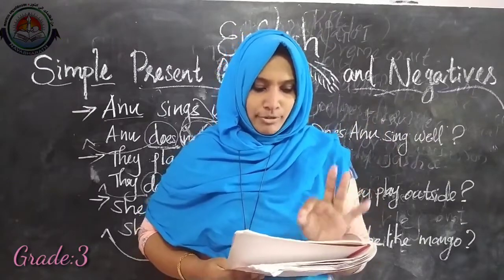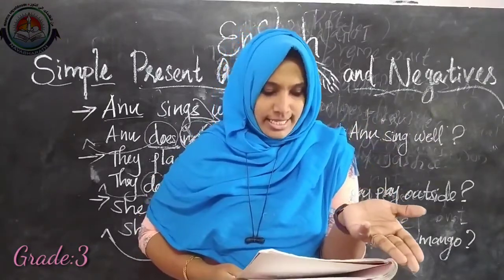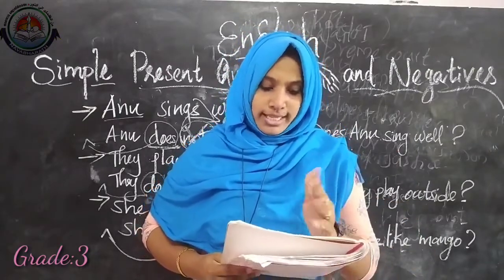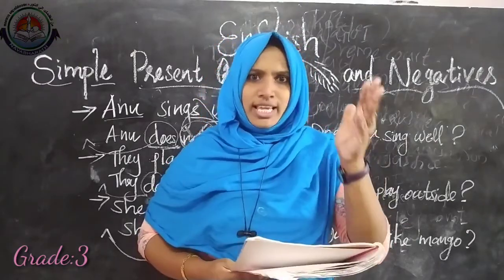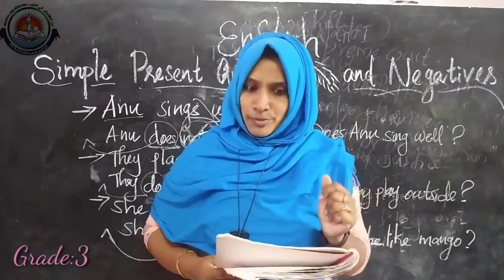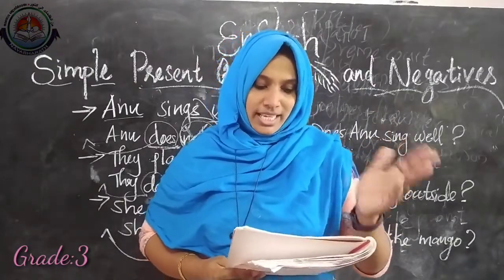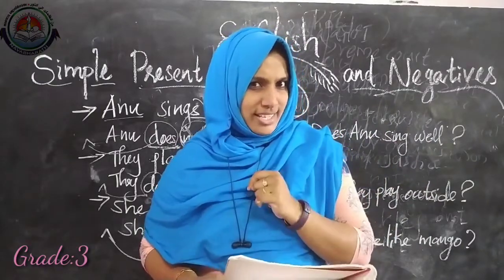They play football in their free time. How to make the negative? It becomes, they do not play football in their free time. Then from that negative sentence we can make the question easily. It becomes, do they play football in their free time? It is very easy, right?